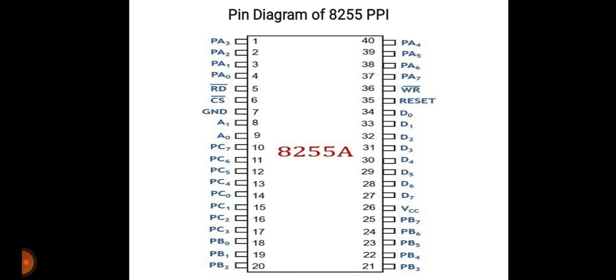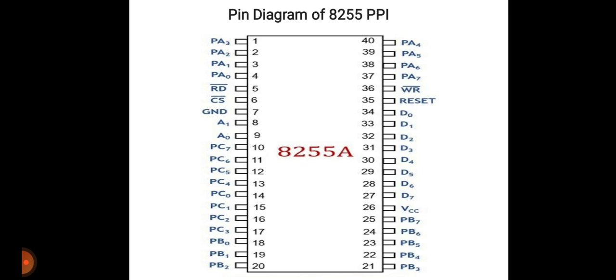These are used to allow the flow of data and control or status word between the 8255 and the processor. Then the next one is the external voltage required to drive the circuit, provided at pin number 26, which is VCC.